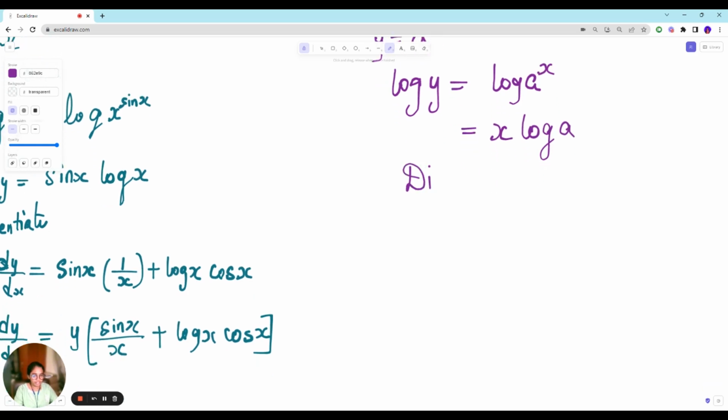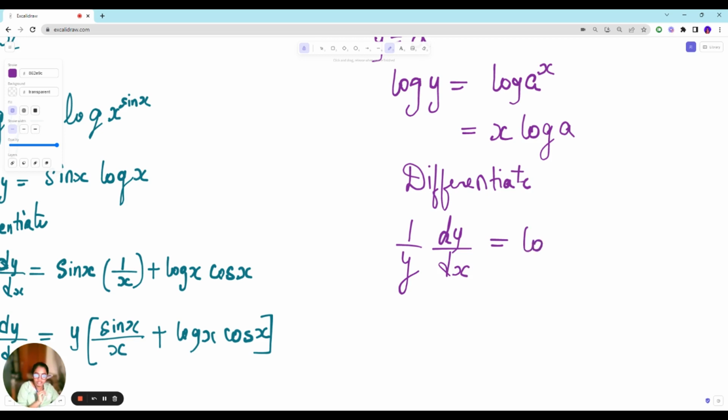Now I'll differentiate on both the sides. I'll get what? Differentiation of log y is 1 divided by y dy by dx is equal to differentiation of x log a.